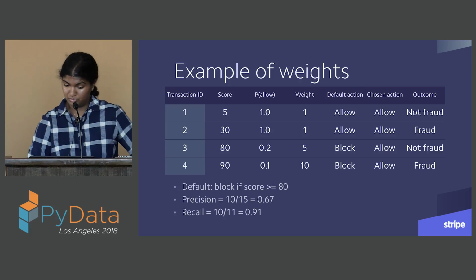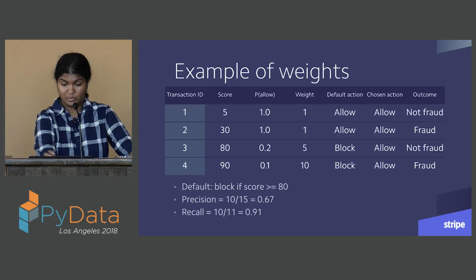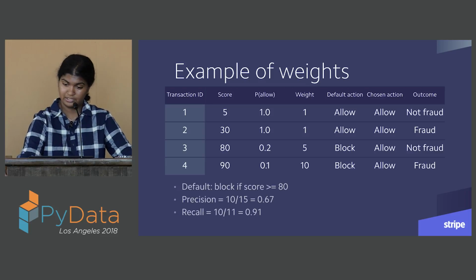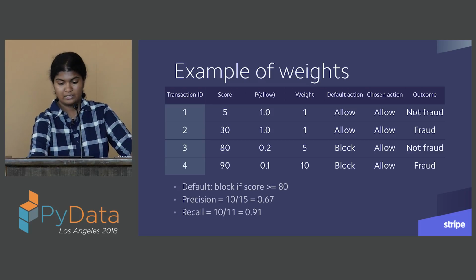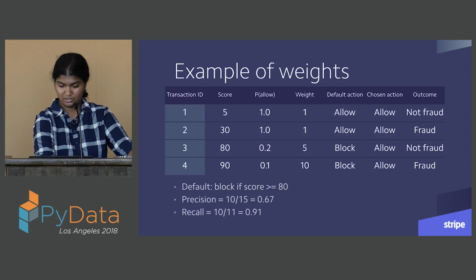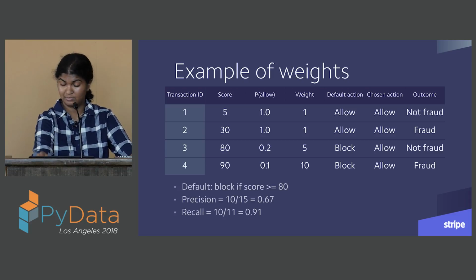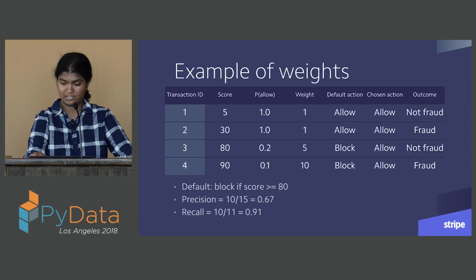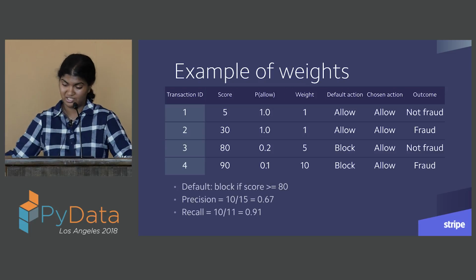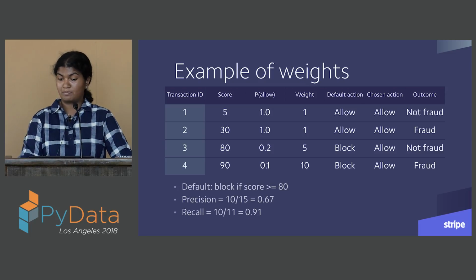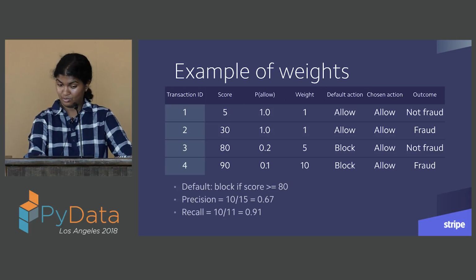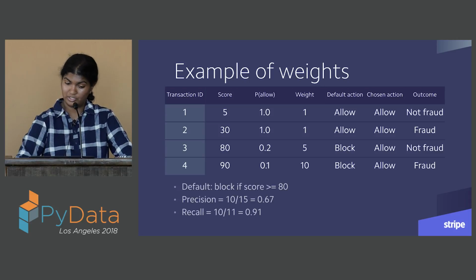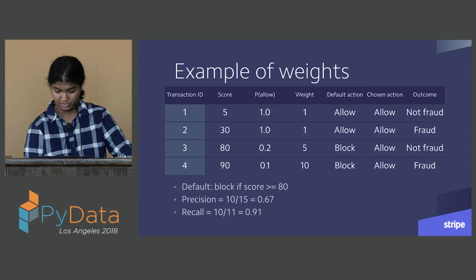So of those two, we ended up allowing both of those to see the true outcomes. Out of the 2 transactions, the only one that the model would have blocked that ended up actually being fraud was transaction 4. Transaction 3 would have been blocked, but the true outcome was that it was not fraud. So our precision is 10 over 10 plus 5, which is 10 over 15, or 2/3.